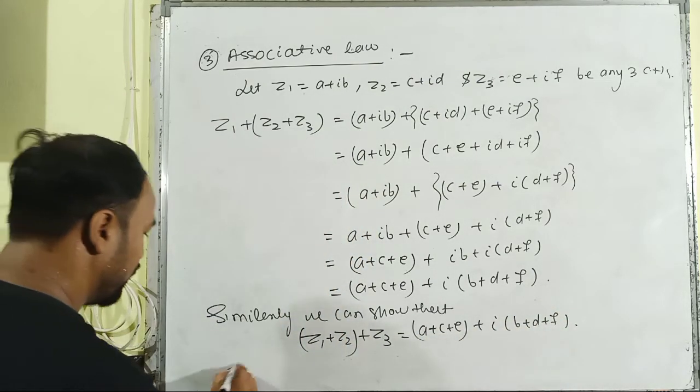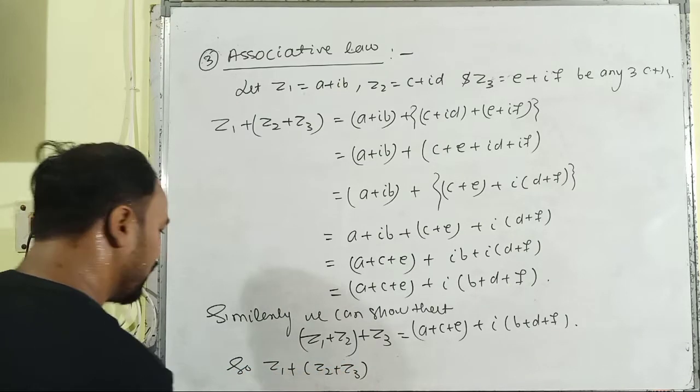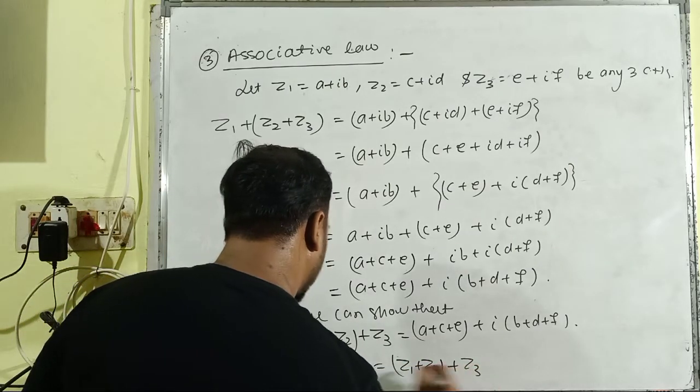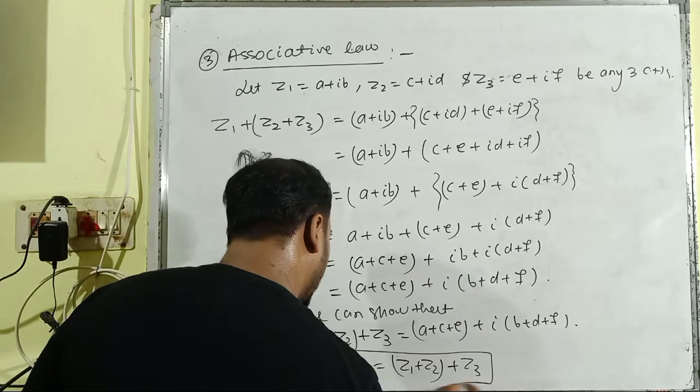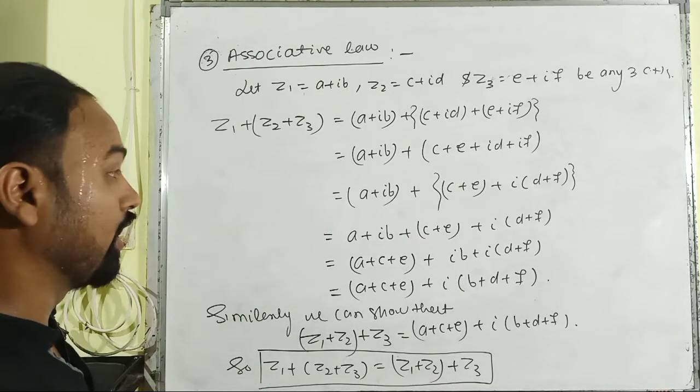So Z1 plus Z2 plus Z3 is equal to, in the bracket, Z1 plus Z2, plus outside Z3, and here it is proved. But we have to write down the final answer.